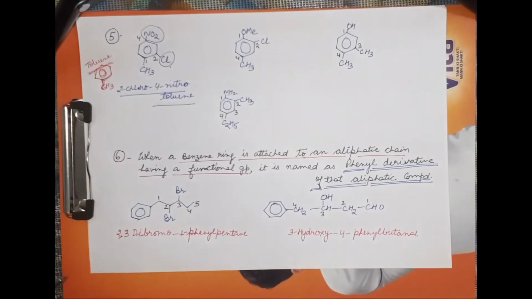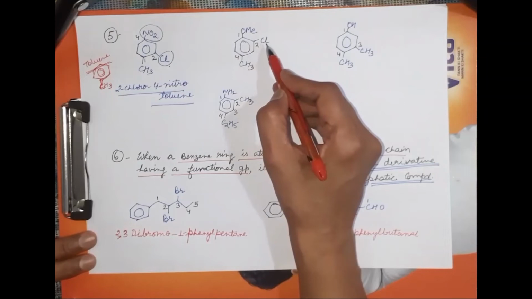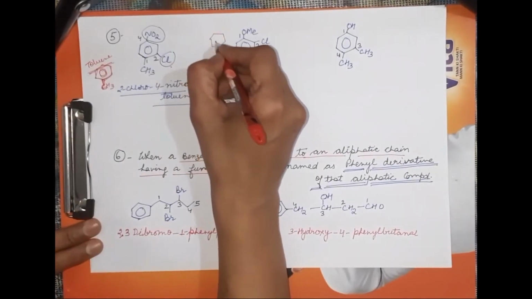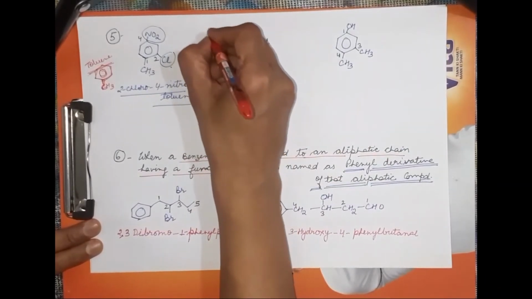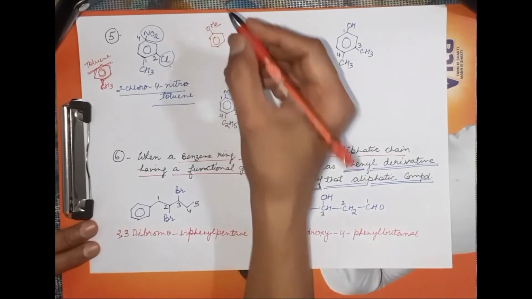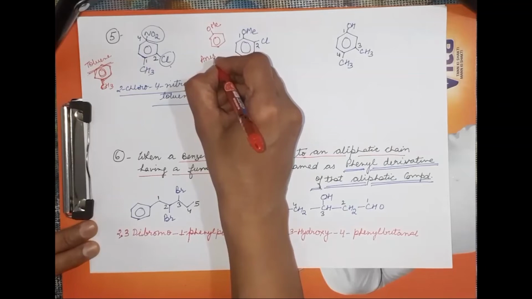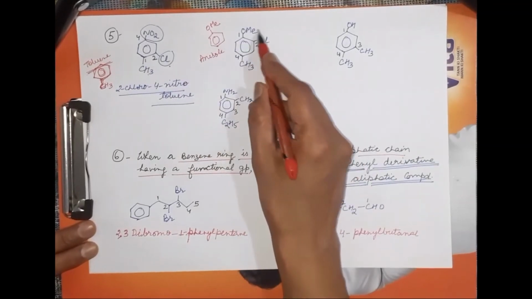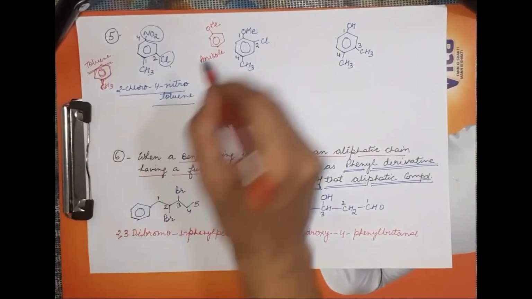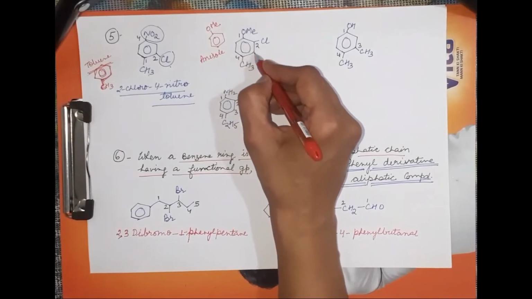And in this case, we can see one OMe group, one chloro and one CH3. We have discussed this earlier: if a benzene ring has one OMe group, the common name is anisole. So this is considered a derivative of anisole, and the OMe carbon is given the number 1 position: 1, 2, 3, 4.